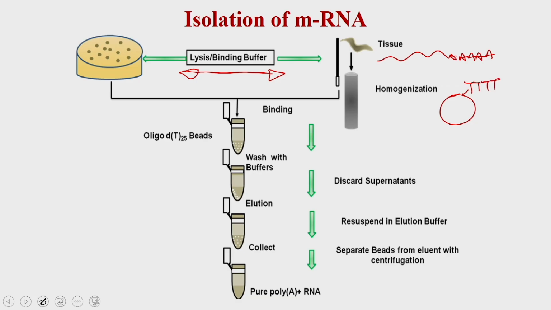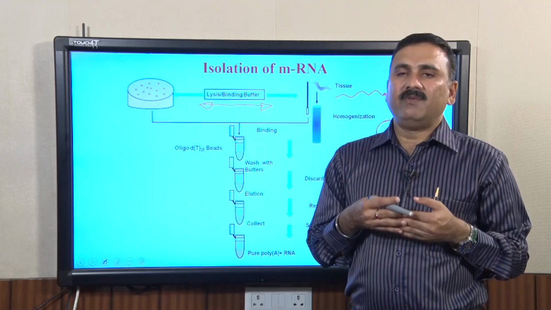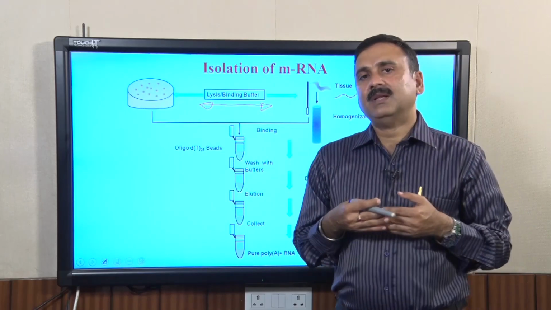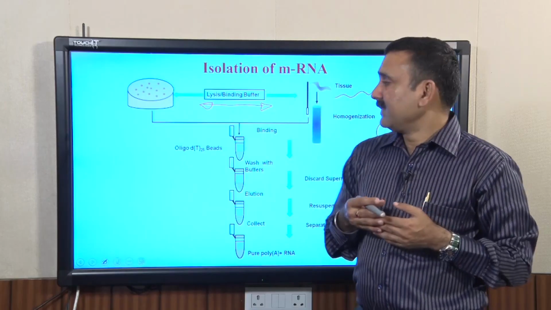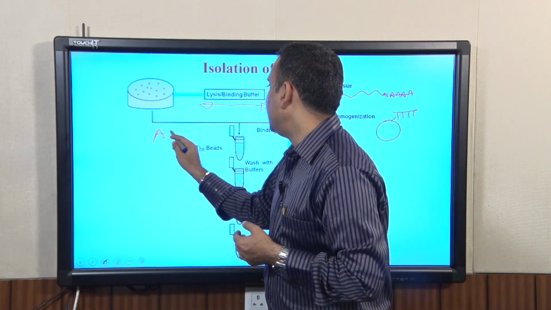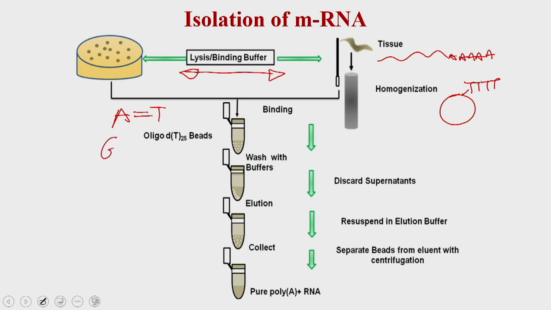As per the complementary theory, A always makes a base pair with T, whereas G makes a base pair with C, which means A makes a double bond with T and G makes a triple bond with C. So, exploiting this affinity of A for T, you take the agarose beads which have the poly T on their surface.